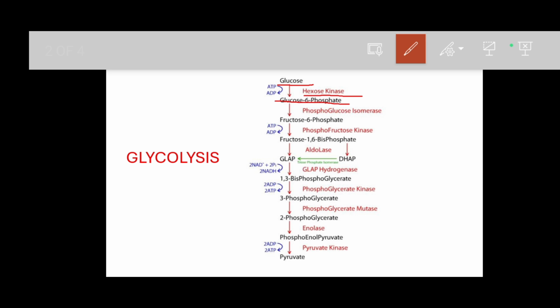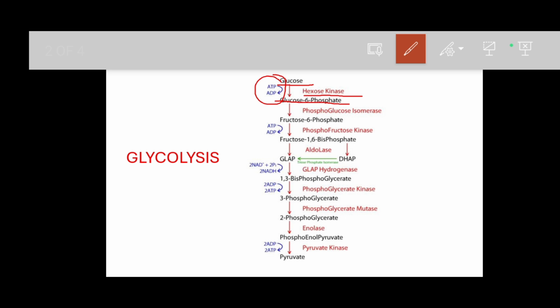Kinase enzymes always use ATP as the energy molecule. Here the ATP is converted into ADP and inorganic phosphate. So glucose 6-phosphate is formed with the help of the hexokinase enzyme, and a molecule of ATP is utilized and converted into ADP.